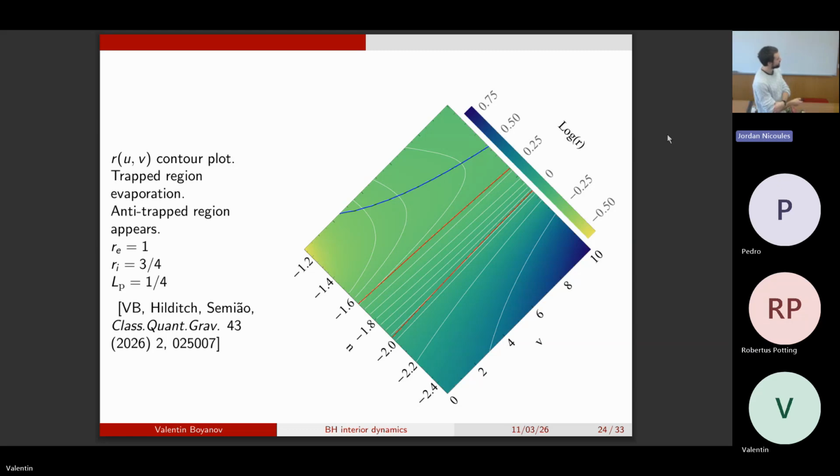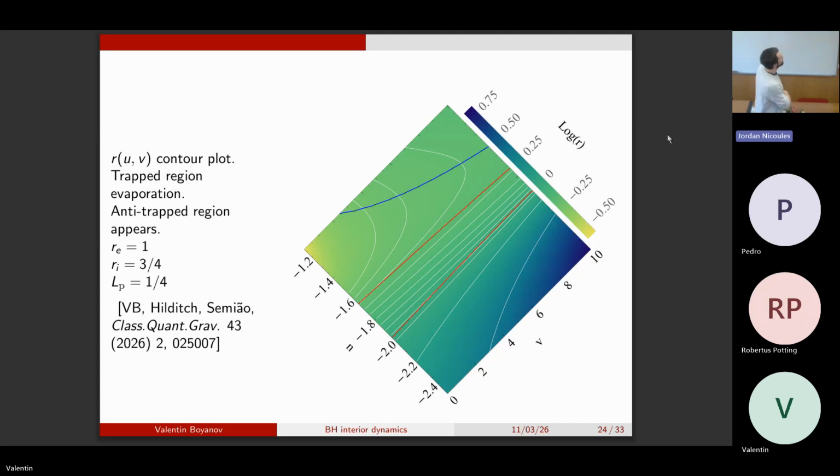So not only do we have that both horizons approach each other, so you get sort of an evaporation from both sides. You also get an anti-trapped region forming below the inner horizon, so inside the black hole. And this evolution here goes between 0 and 10 in units of the horizon radius.